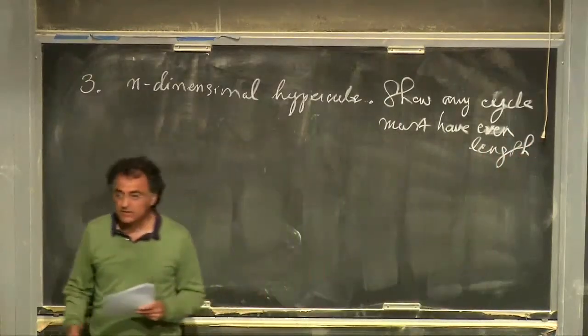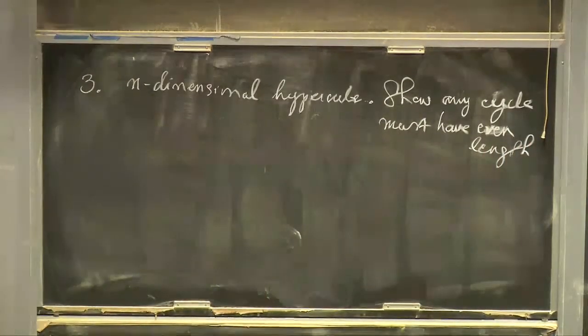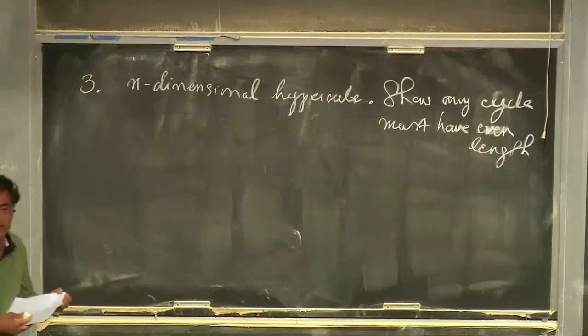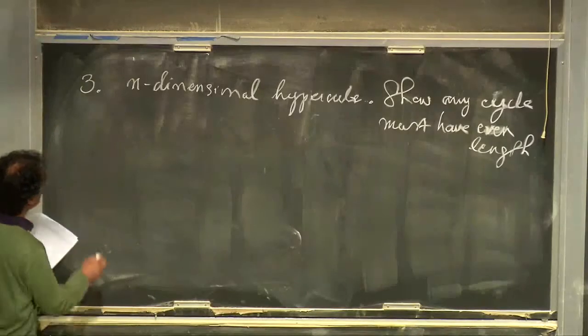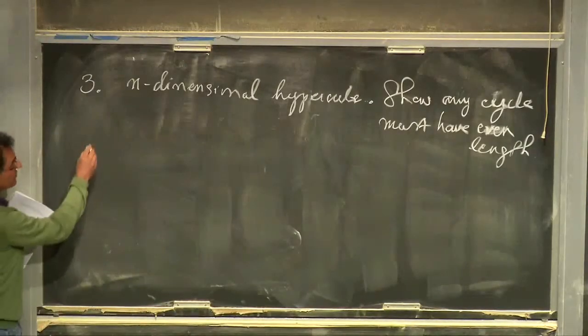Okay. So how do you approach it? Why should any cycle have even length in the hypercube? There are different strategies by which you can prove it.